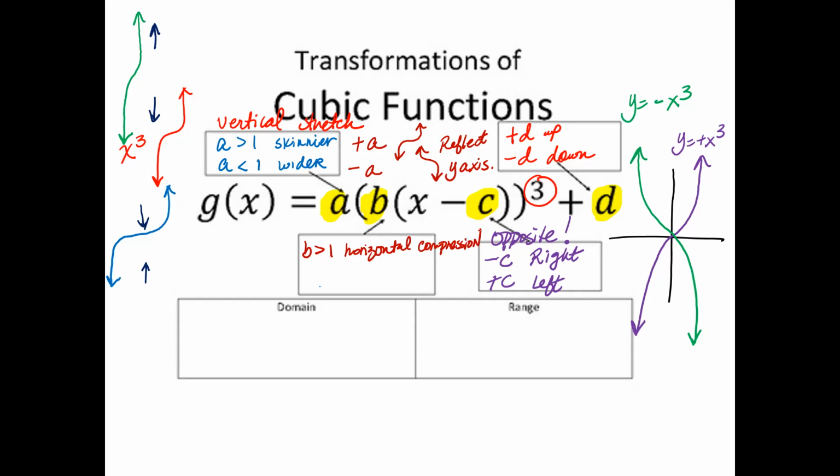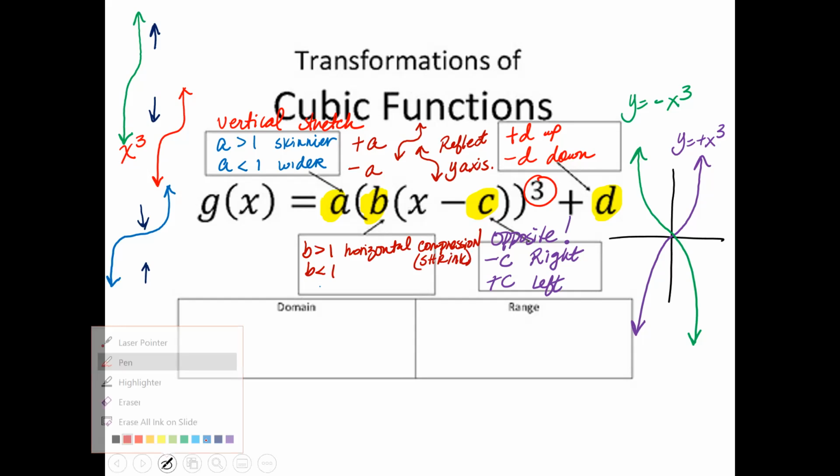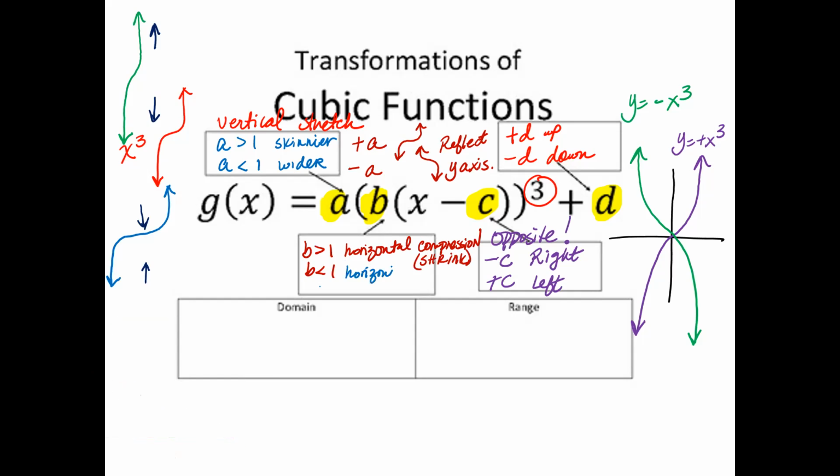And then if B is less than 1, it is going to be a horizontal stretch. So compression just means shrink, you guys, okay? So if B is less than 1, it is going to be a horizontal stretch. So it's going to be wider.